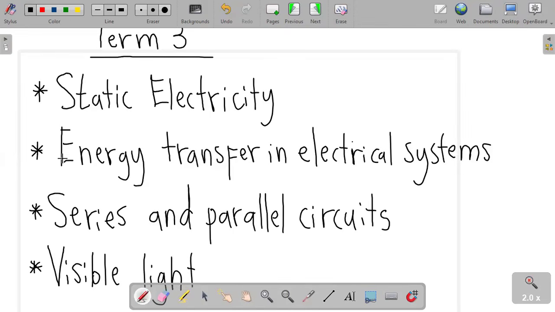And then the second topic is energy transfer in electrical systems. The third topic will be series and parallel circuits.